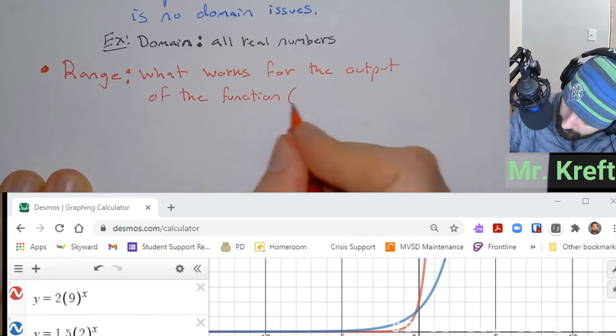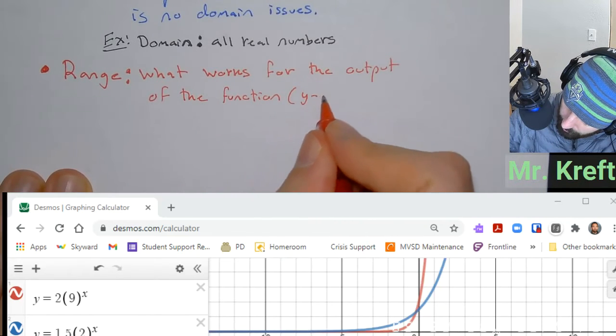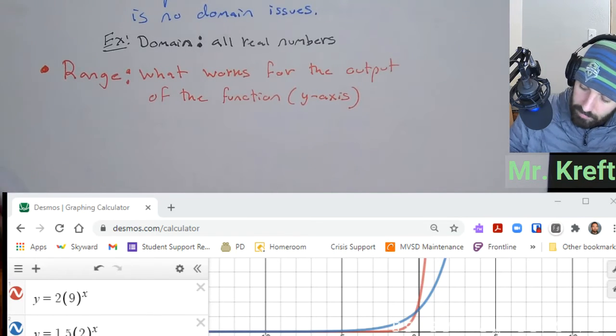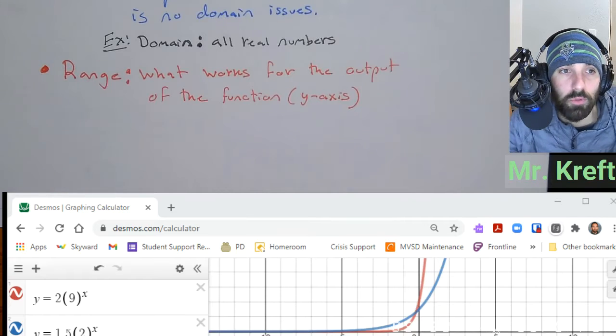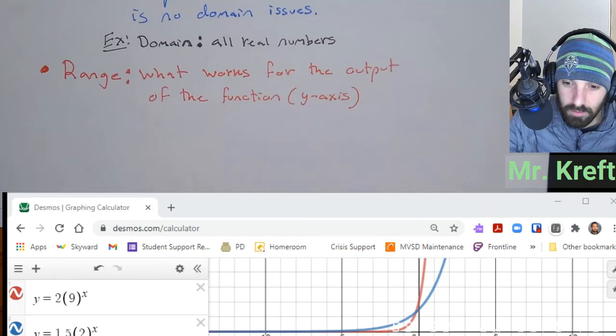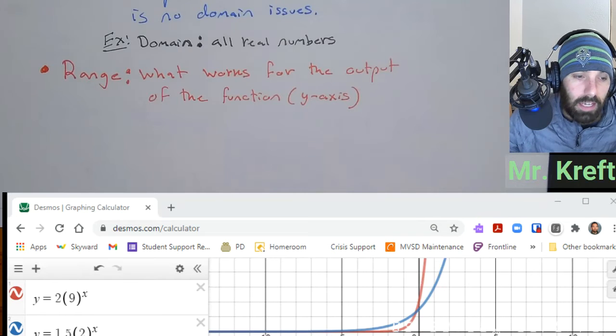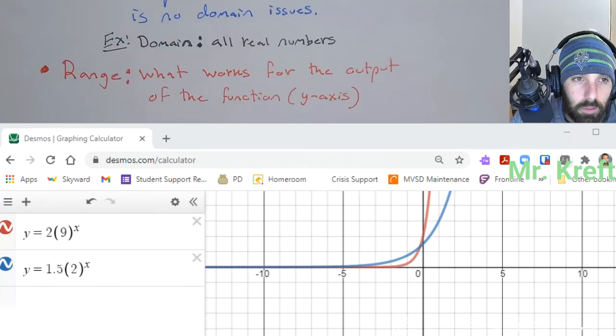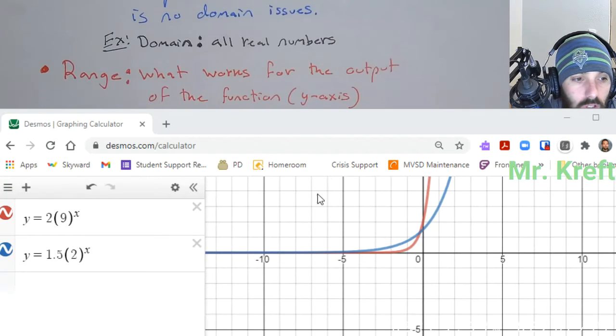And remember, the output is the y-axis. So range: what works for the output? Now, where are we going to get this in our function? I'm going to pull this up a little bit like this.